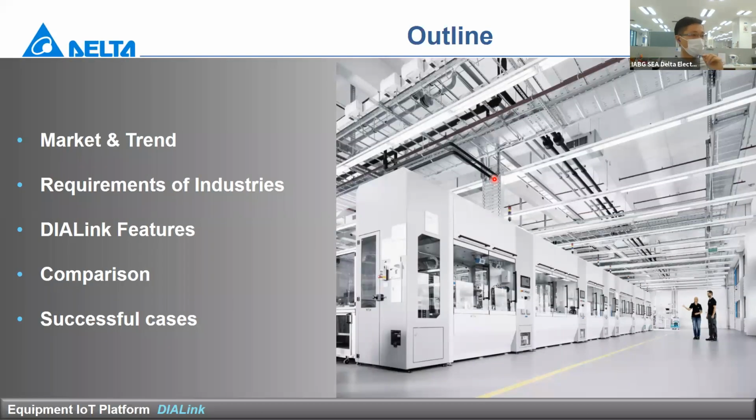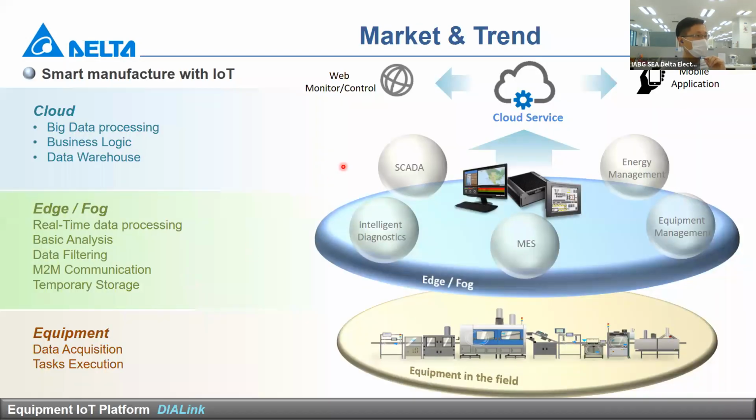And next, I would like to show some things about the IIoT, Industrial Internet of Things. These are some trends. Since 2 or 3 years ago, I think more than 5 years ago, the cloud has been a very popular topic.